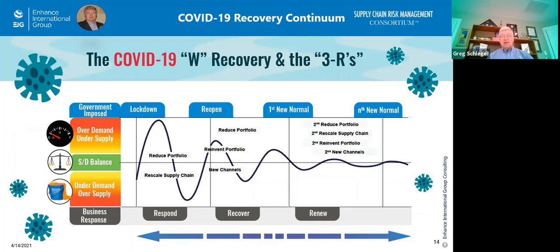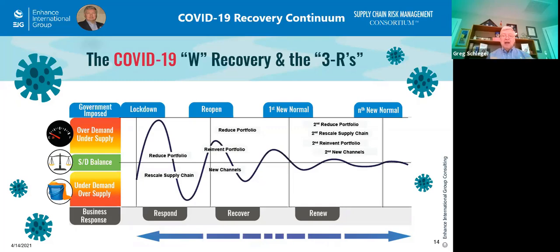The secondary effect in this phase was essentially in sectors other than the healthcare, they ultimately had an under-demand and an oversupply issue. This led to an approach of evaluating their product portfolios, those are stock keeping units, and reducing the marginal products, even stop producing those marginal products, and potentially furloughing personnel.